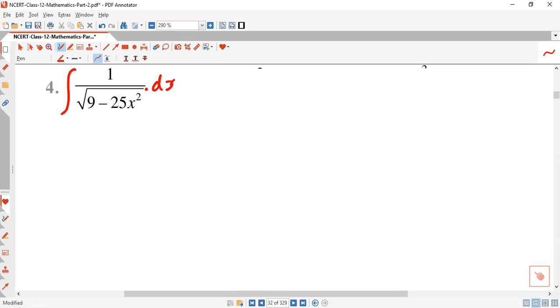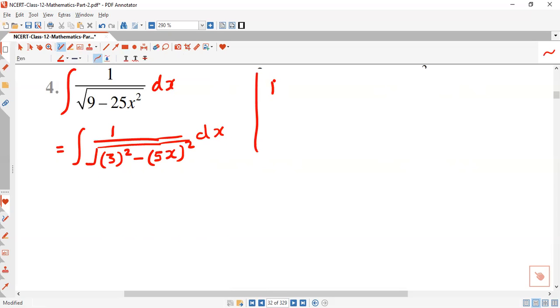Again, in the square root functions, we want to make it the constant terms square plus variable square. So this can be written as 1 upon under root 3 square minus 5x whole square dx. So now for simplification, we put 5x equal to t.